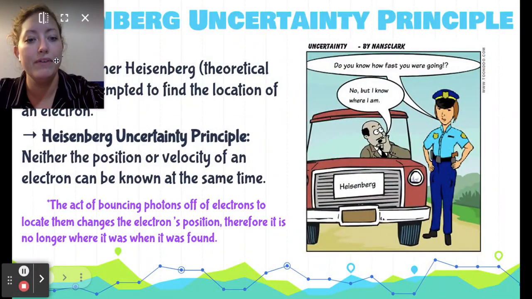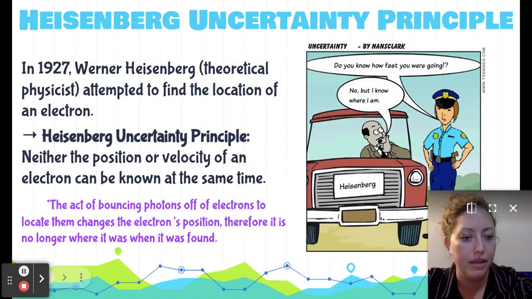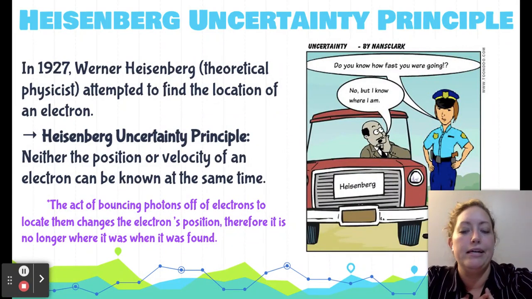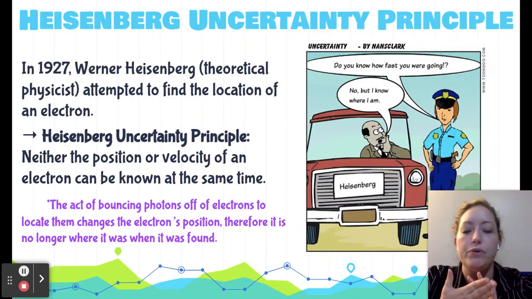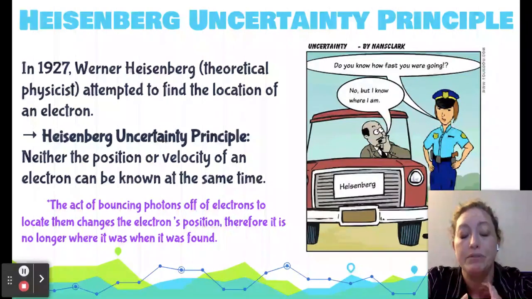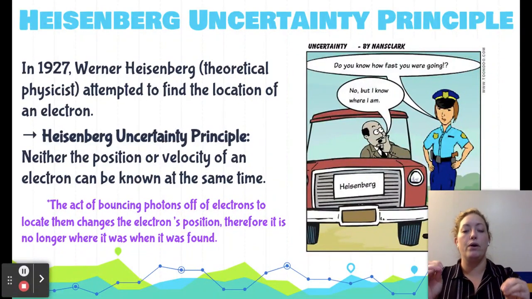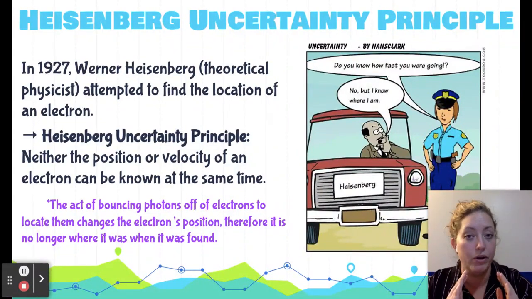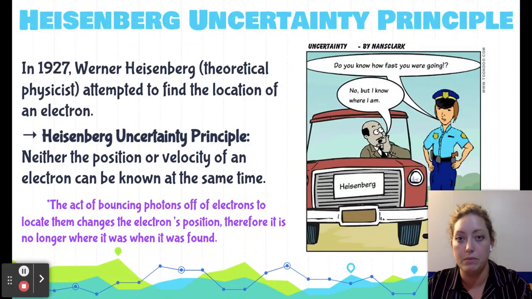Okay, so we have Heisenberg's uncertainty principle. This is Werner Heisenberg, and this is a few years after de Broglie. Basically, his principle states that you cannot know how fast an electron is moving and exactly where it is at the same time. It's impossible.